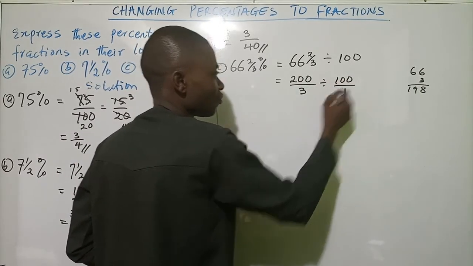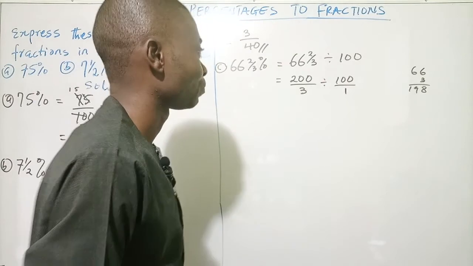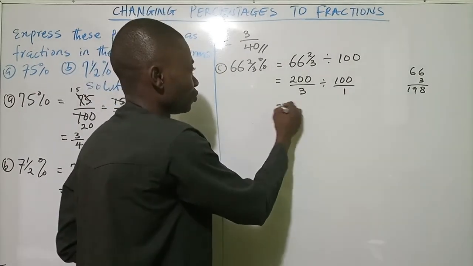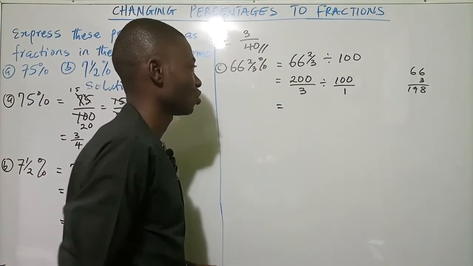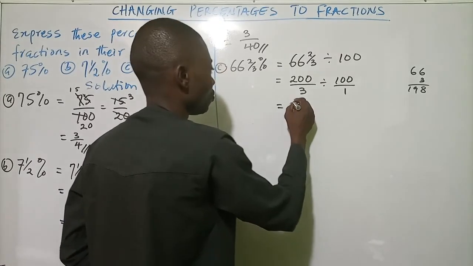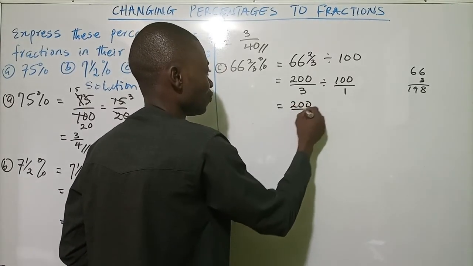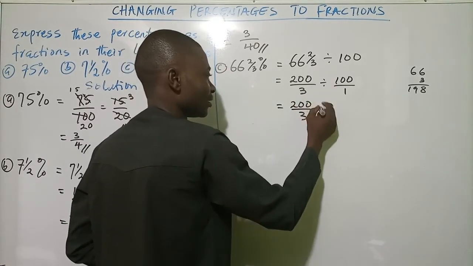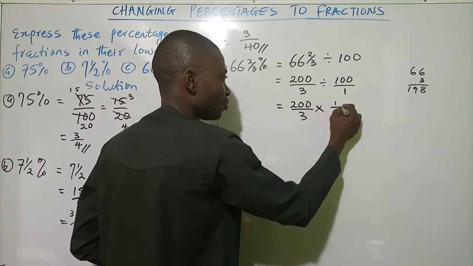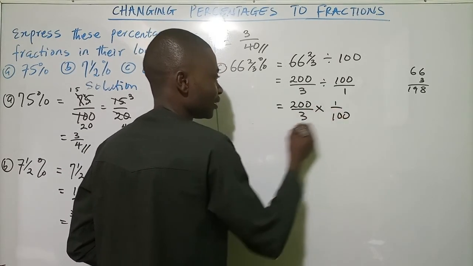This is 100 over 1. Is that clear? So what do we do now? We change the division to multiplication. That will be 200 over 3 times 1 over 100.